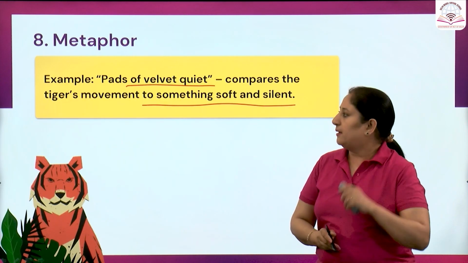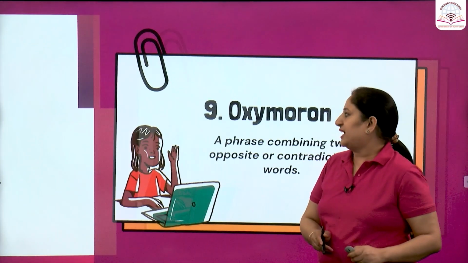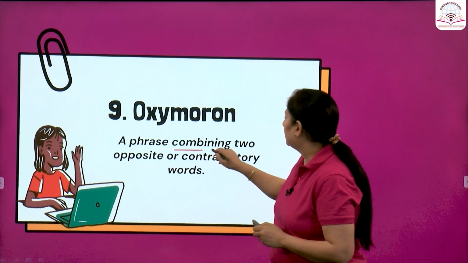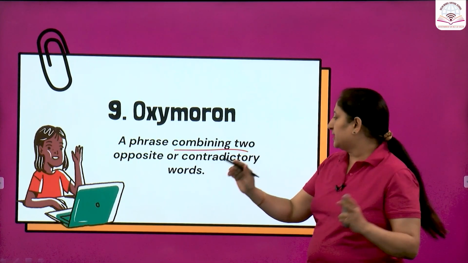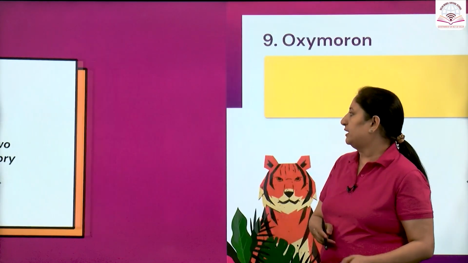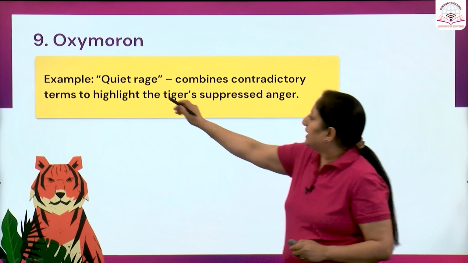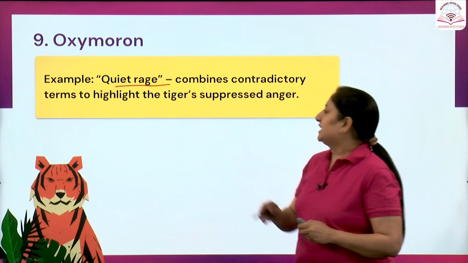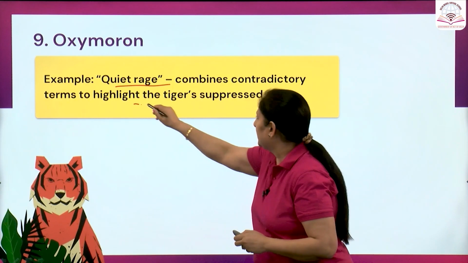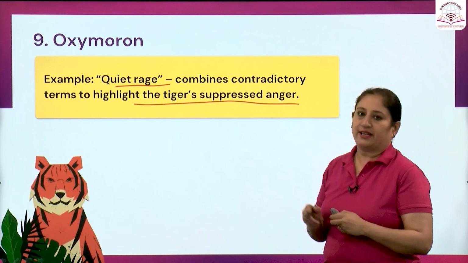So it is metaphor. Now let's understand the oxymoron. Oxymoron is a phrase combining two opposite or contradictory words, and here in the poem, "quiet rage" combines two contradictory terms to highlight the tiger's suppressed anger.